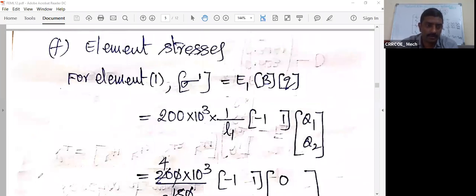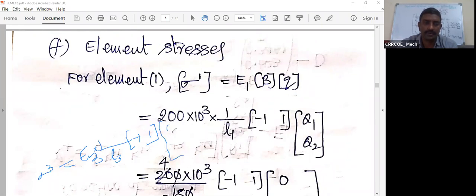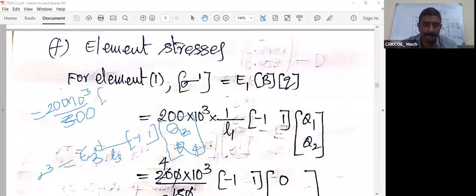Sigma 3 is equal to Young's modulus E3 times the B matrix, 1 by L3 times the row matrix minus 1, 1, with the nodal displacements Q3 and Q4. E3 is 200 into 10 cube, and the element length is 300 mm, times minus 1, 1.